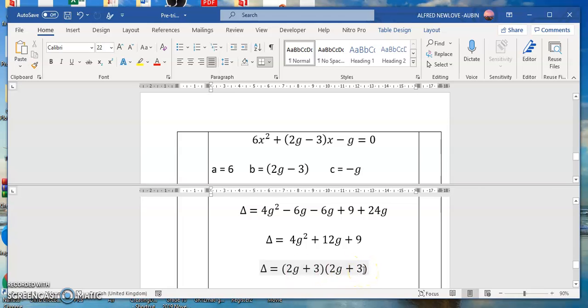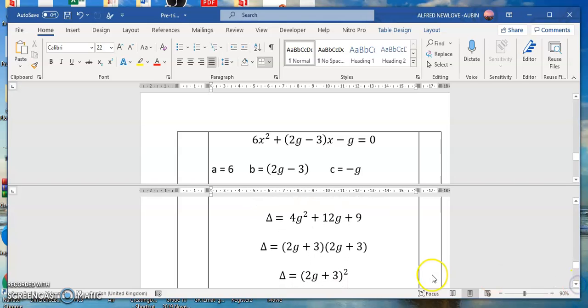So 6 plus 6 is going to give us 12j. Is that okay? Then 3 times 3 is going to give us what? 9. How did we get this 4? It's 2 times 2. It gives us what? 4j squared.